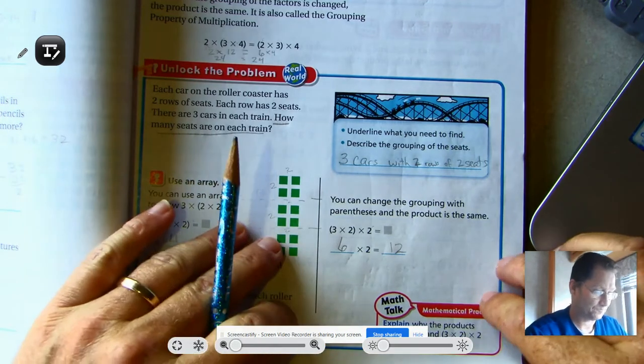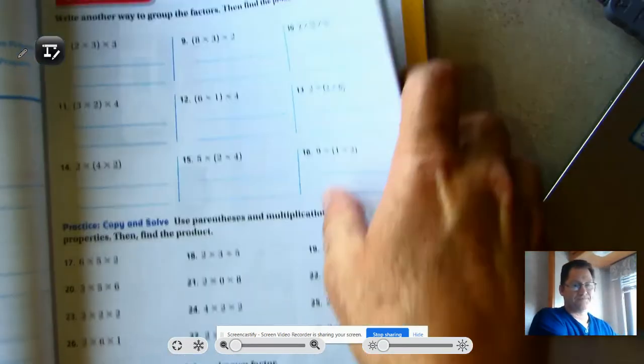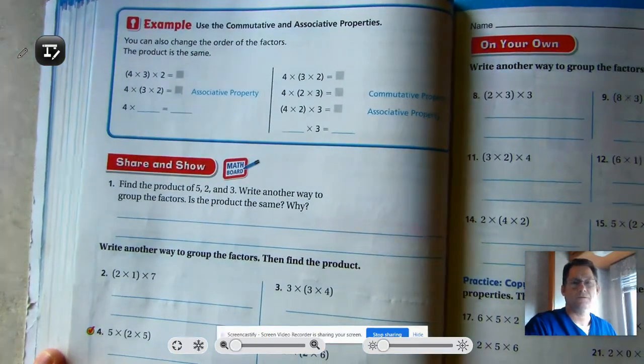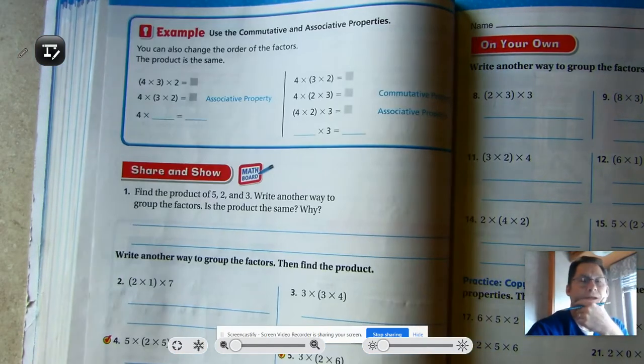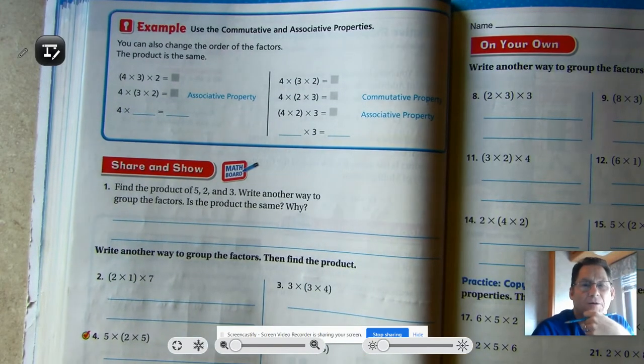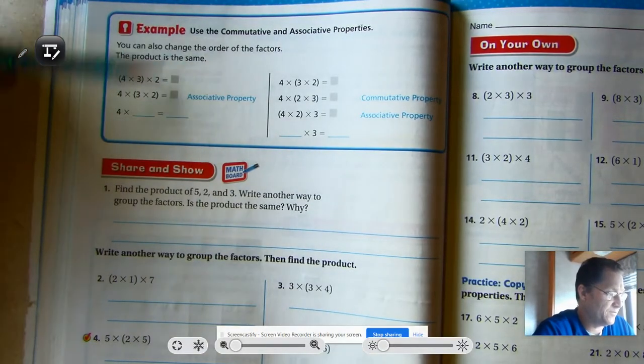All right. Page 162. We could also use the commutative and associative properties to solve. So on the left-hand side here, we're going to have an example of the associative property.